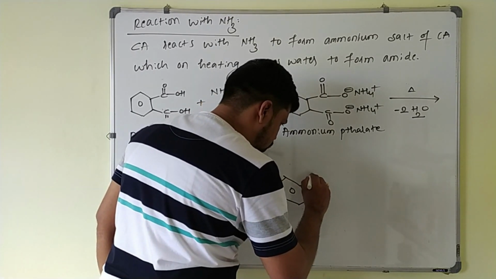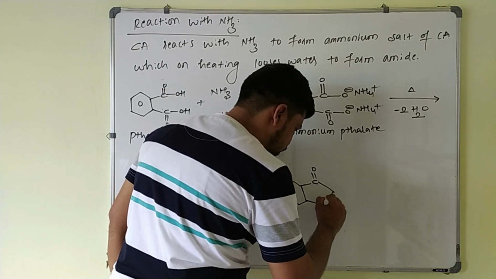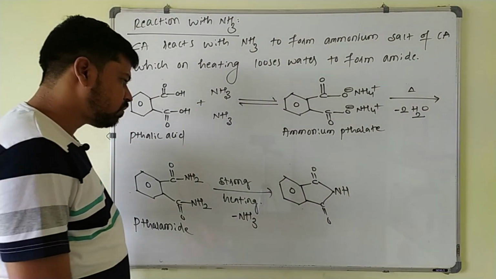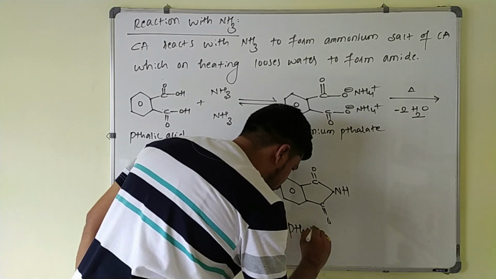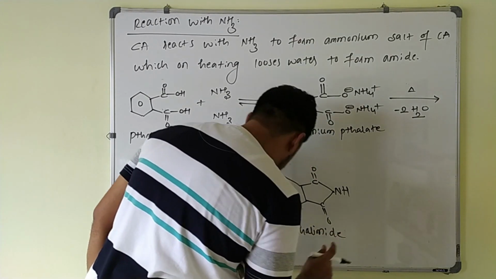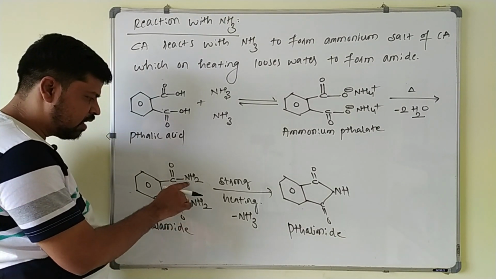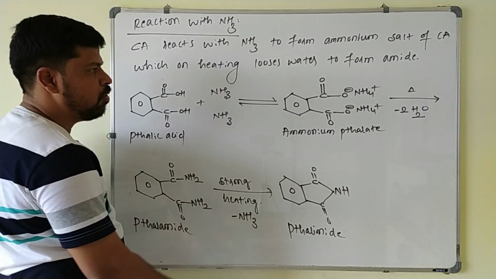C double bond O, and this is also C double bond O. This becomes NH. So this is your phthalimide. Just here one NH3 is removed, so that it becomes only NH, and this nitrogen is connected to this carbon as well as this carbon here. Just elimination of ammonia molecule.